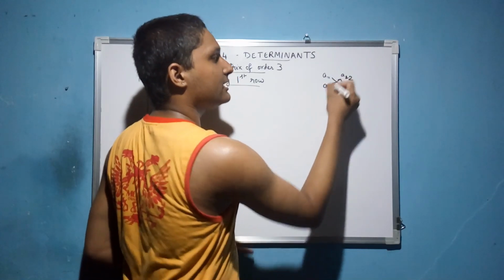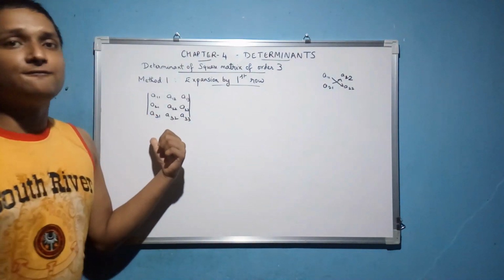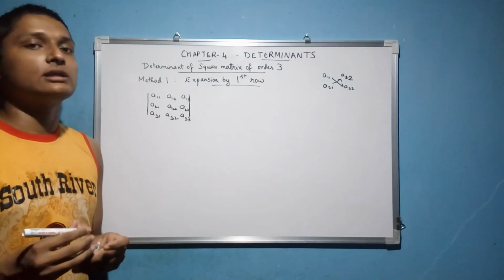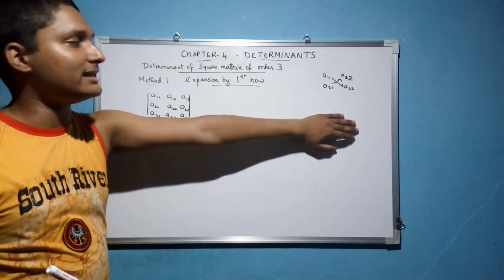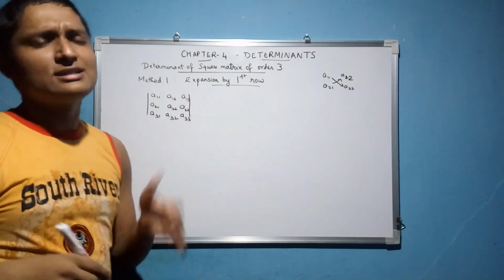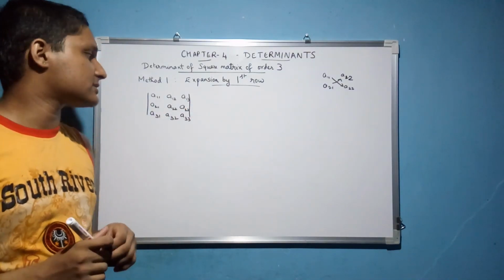First we did the cross multiplication, so directly we got that. So somehow we need to convert this determinant of order 3 into a determinant of order 2, so that we can directly apply this. We are going to learn a shortcut method later. First of all we need to learn the theory part of this.